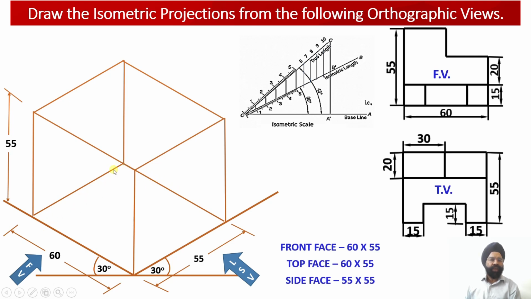So this is the base of the solid. Now having completed the base, all the faces of the solid have been completed. So this information has been transferred onto the isometric projection, and we have been able to obtain a square prism. So this square prism construction is going to contain all the elements of this particular solid.